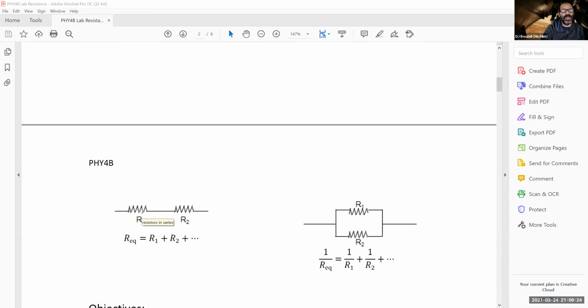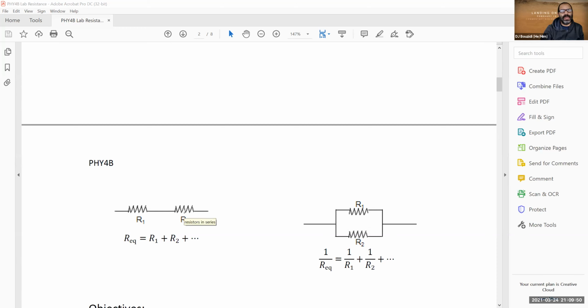If you connect, for example, 100 ohm and 470 ohms in series, you're going to end up with 570 ohms. But in parallel, you're going to have 1 over 100 plus 1 over 470. When you add the two inverses and then invert the result, it should be less than 100 ohms. When you put resistors in parallel, the equivalent resistance is less than the smallest of them all.